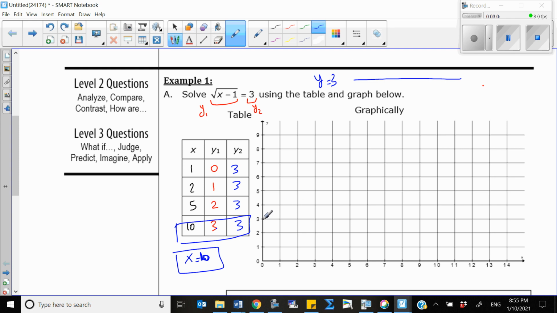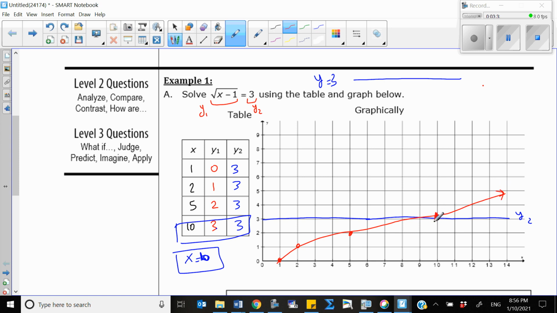So the graph of y2 is just this line passing through y equal to 3. And y1, let's graph these points. X equal to 1, y is 0, 2 is 1, 5 is 2, and for 10 it's 3. So I can graph it.